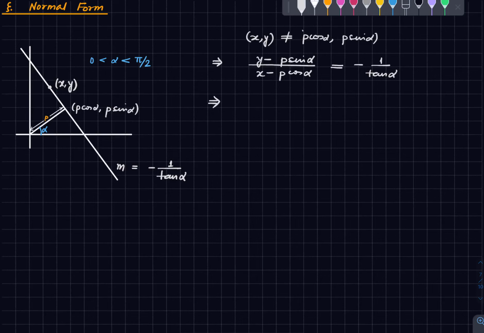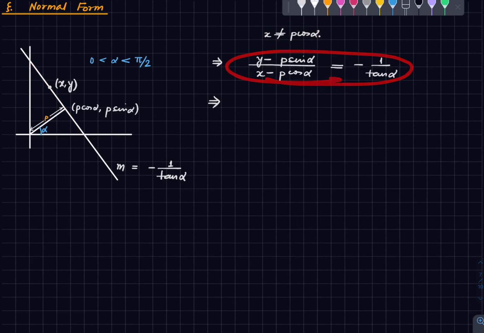This bracket was supposed to be here, right? In fact, all we need to assume is that x is not equal to p cos alpha. So if you assume x is not equal to p cos alpha and that x comma y is on the line, then this must hold, because we have just written the slope of the line in two different ways.